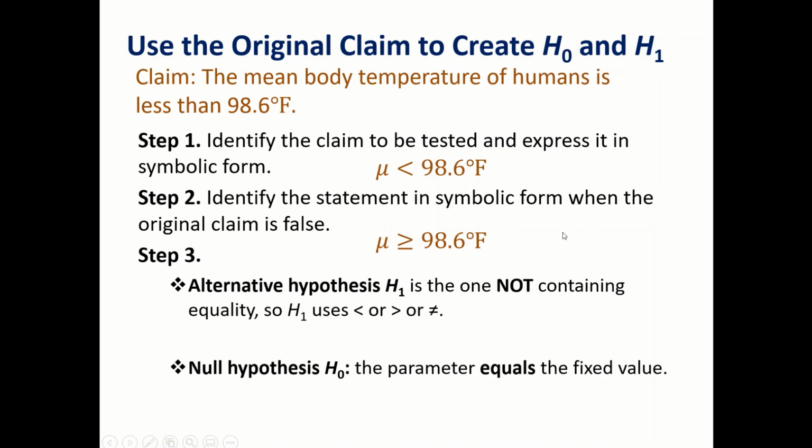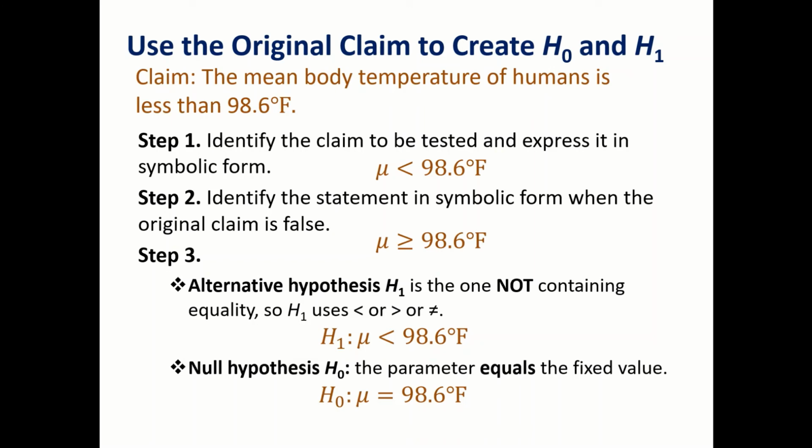The one with no equal sign will be the alternative hypothesis. So since the second one has an equal sign here, greater than or equal to, we will use the first one as our alternative hypothesis. Remember, your alternative hypothesis can only have greater than, less than, or not equal to. So this one without the equal sign will be your alternative hypothesis. So H1 is mu is less than 98.6 degrees Fahrenheit. And the one with the equal sign will be the null hypothesis.